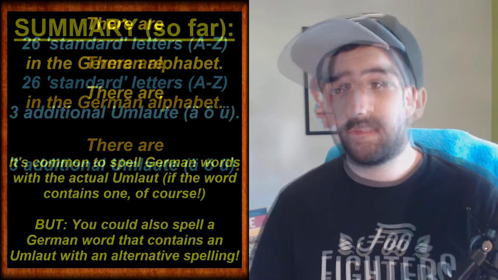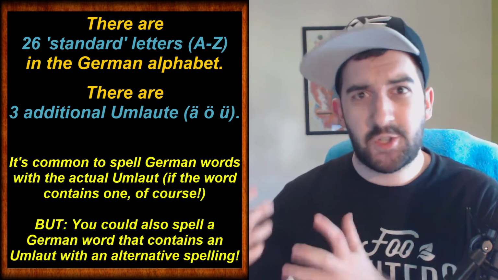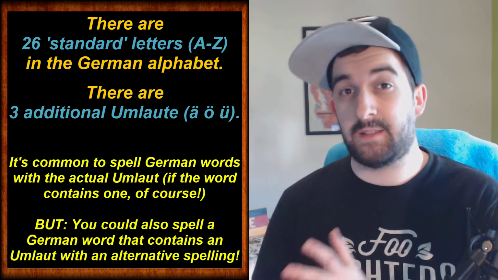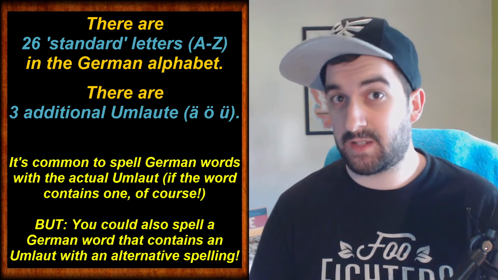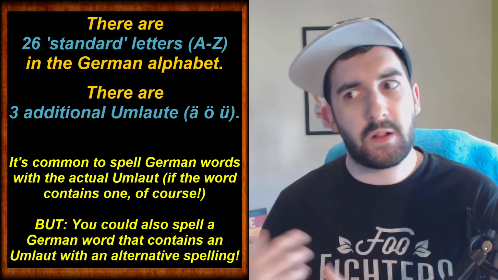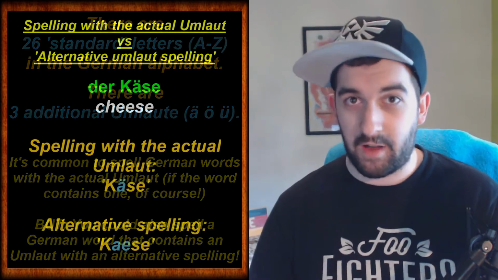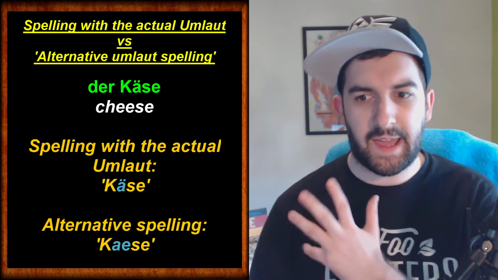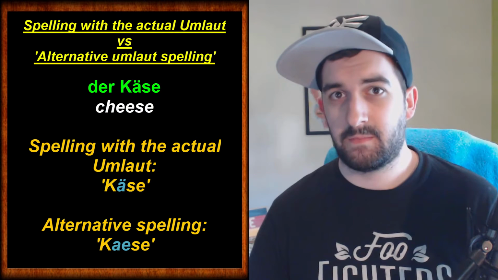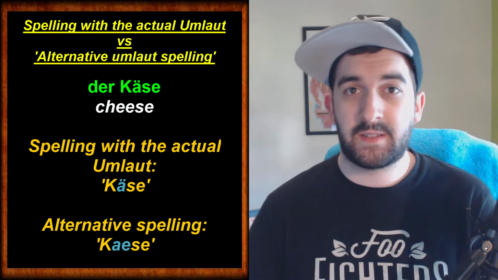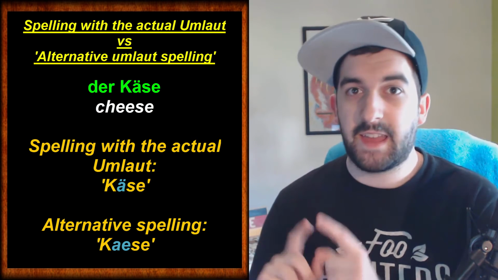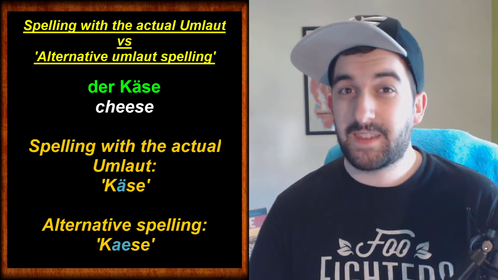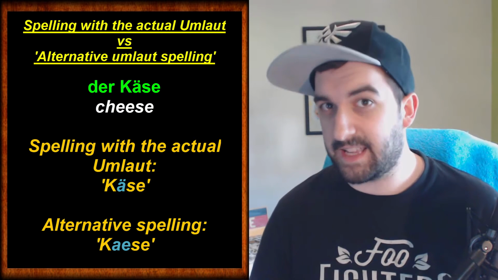Another interesting thing that really shows the flexibility of the German language is that you can either spell words with Umlaute or with an alternative spelling. For Ä, the first of 3 Umlaute, you could take a word like der Käse, cheese. So you could spell it K-Ä-S-E, Käse, but you could also spell it K-A-E-S-E.